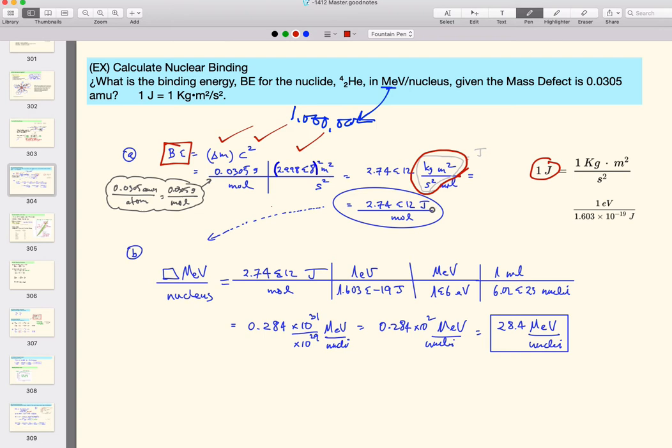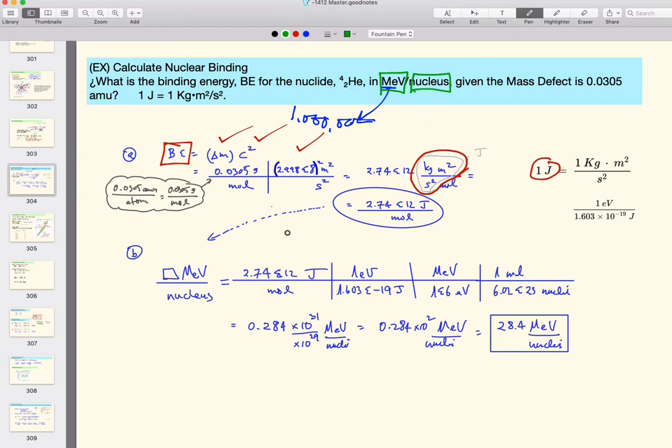There's that many joules per mole of helium. Are we done? No. Why? Because it's specifically stated in the question, I want the unit of energy to be mega electron volts, and I don't want you to report it per mole, I want you to report it per nucleus.